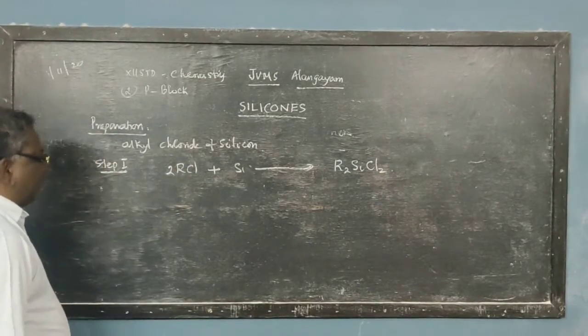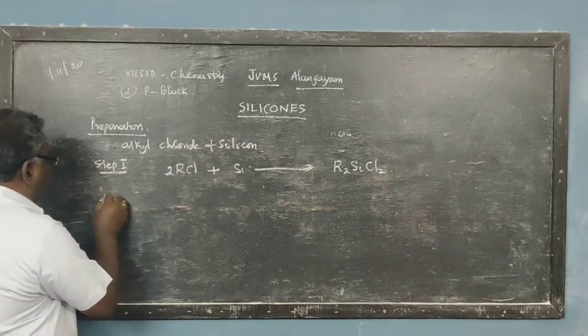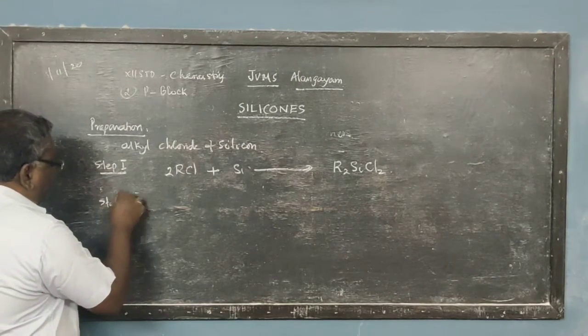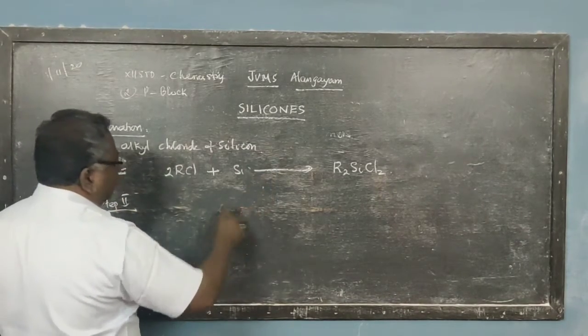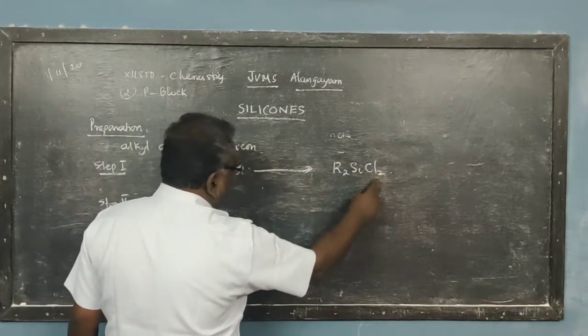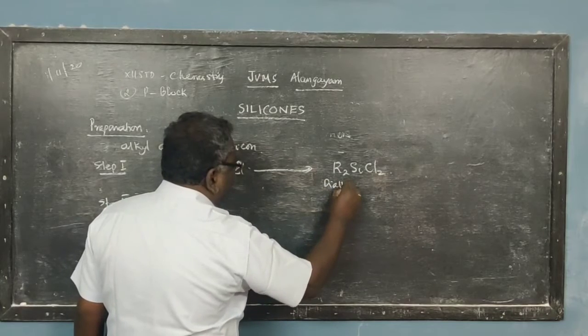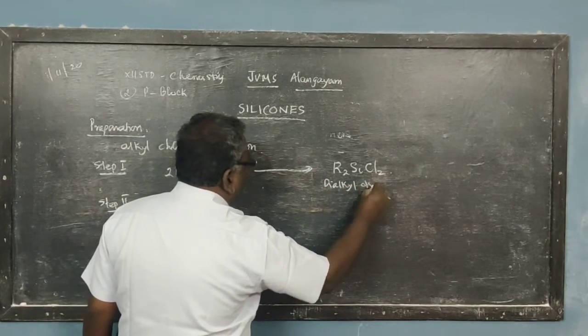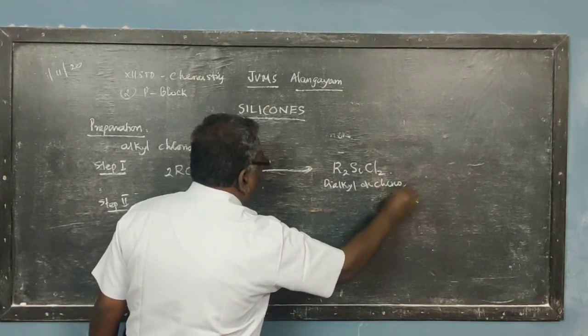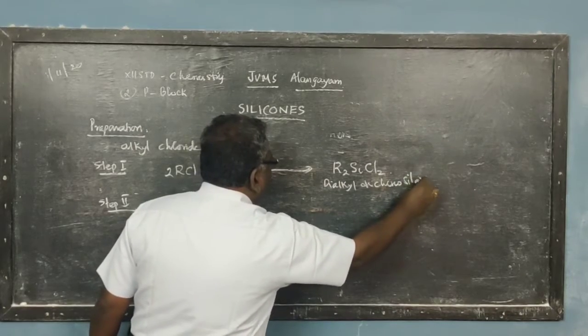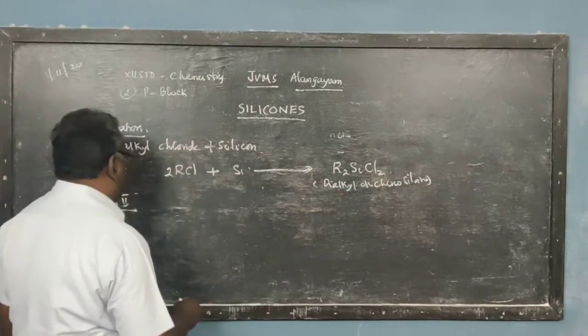Step 2: this is dialkyl dichlorosilane. How to write the structure?